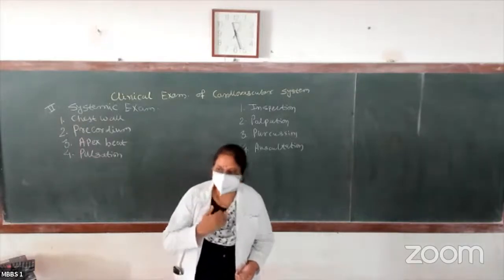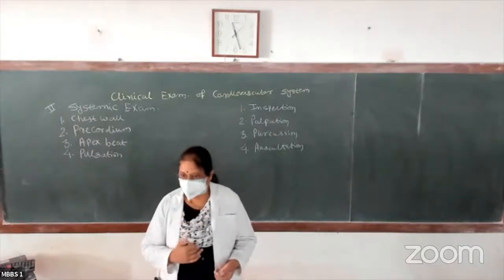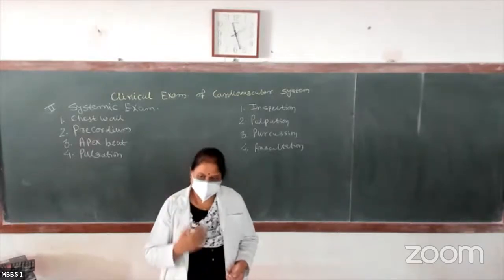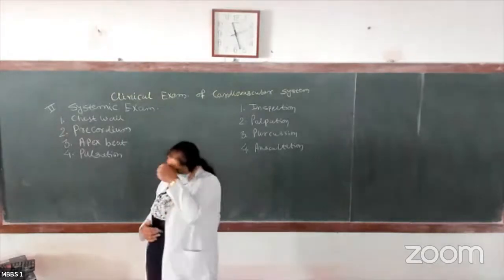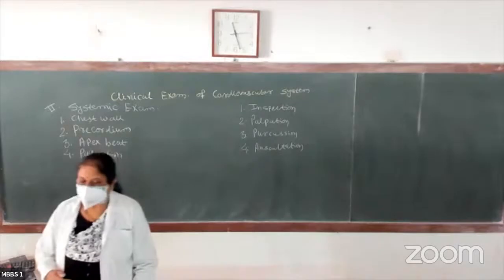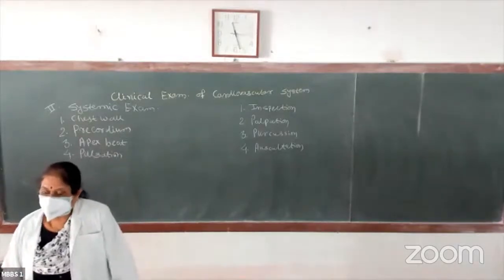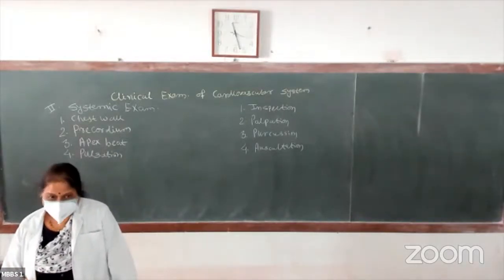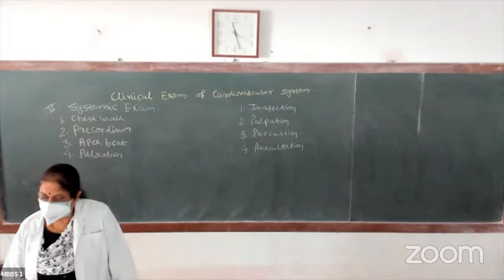In the epigastric region, pulsations may be because of left ventricular hypertrophy, or liver pulsations may be present.